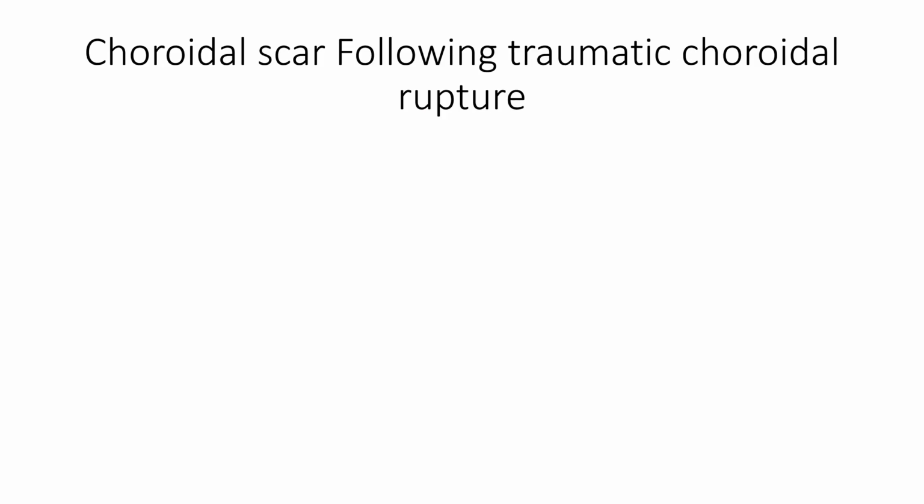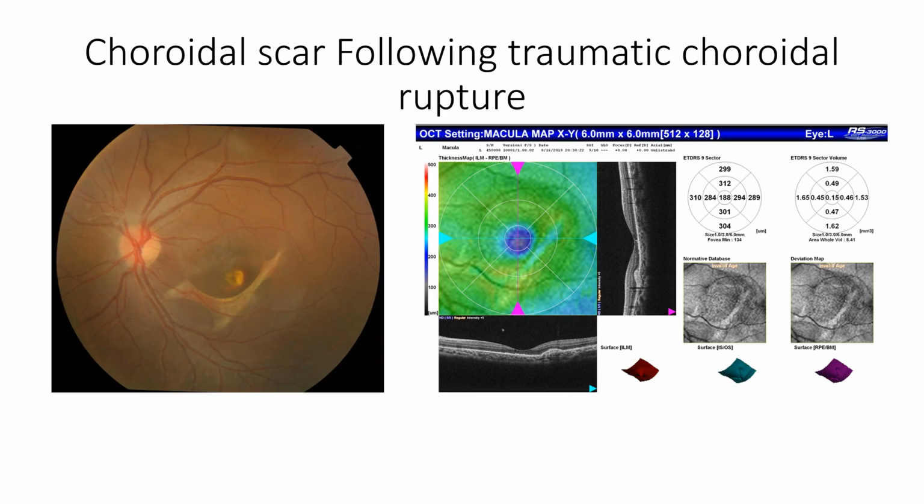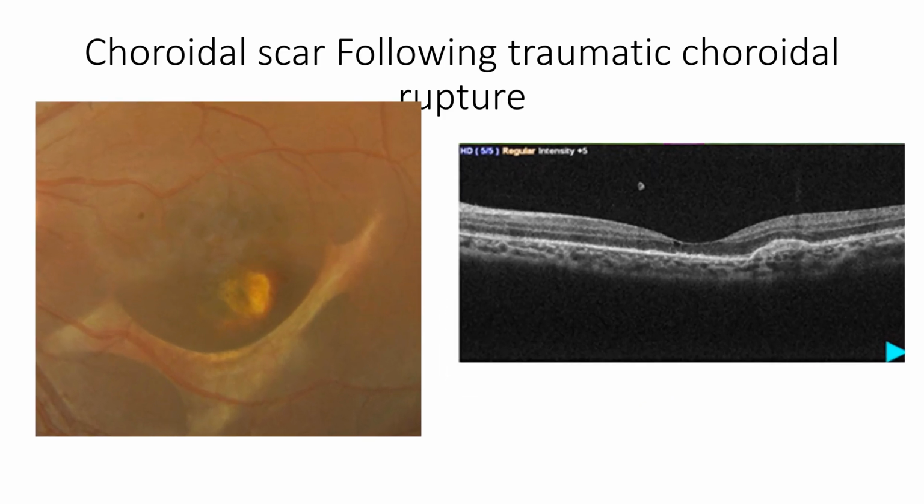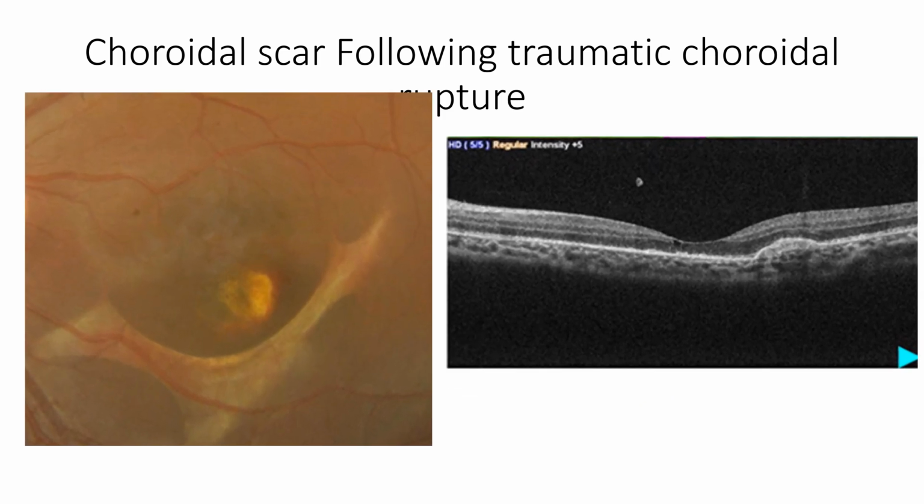When this patient was treated using anti-VEGF and a gas bubble placed, and the patient maintaining a face down position for a while, this is what we have now finally. There's a scar in the retinal pigment epithelium, which is filled by scar tissue grown from the choroid, and this is the cross section we can see.